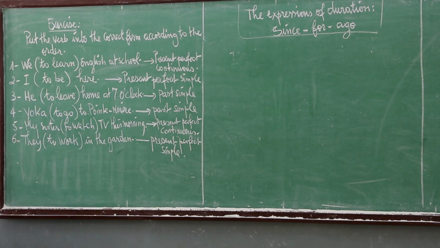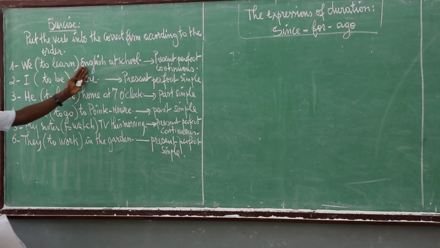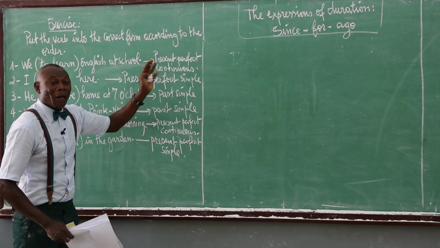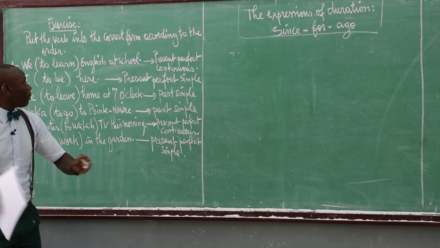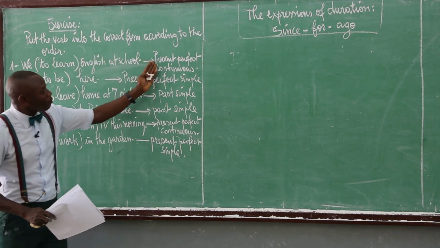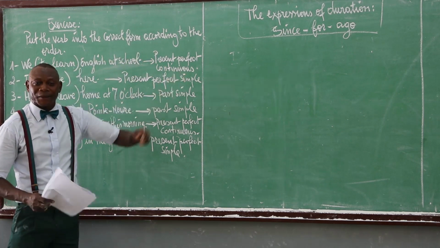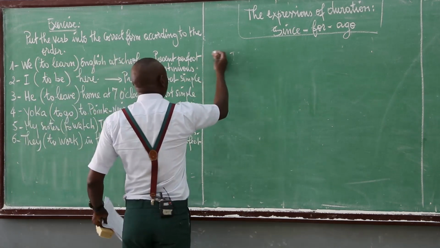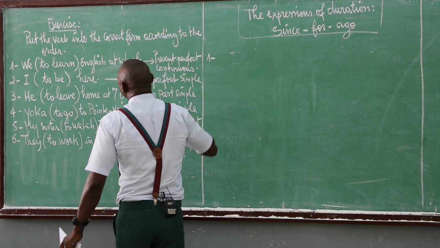Well, what I'm going to do: we to learn English at school. The order is present perfect continuous. So it means that you are going to conjugate this verb in the present perfect continuous tense. For the first one, here is the answer.